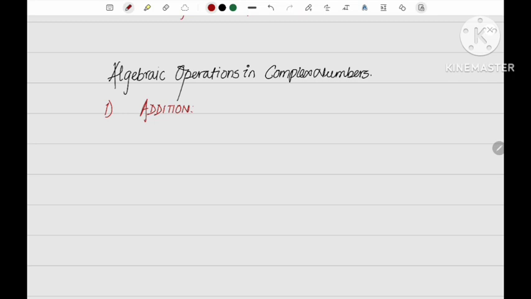You add the real parts of the complex numbers, you add the imaginary parts of the complex numbers, and finally get the resultant complex number.